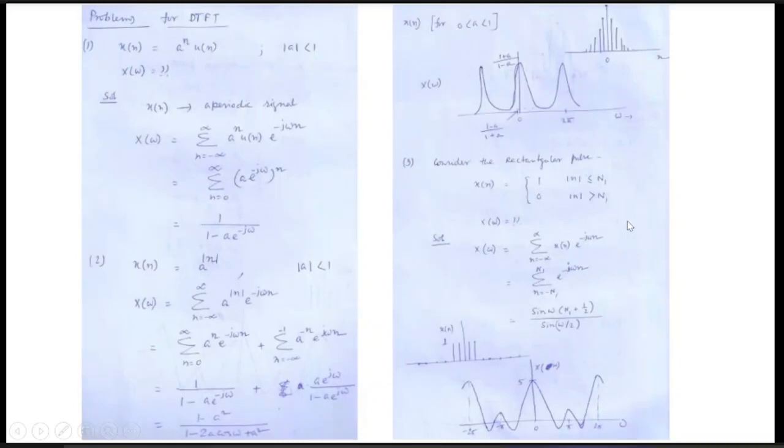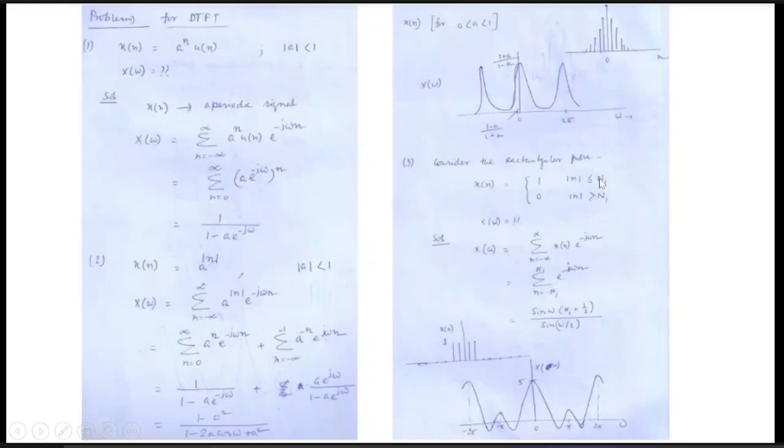So now another example. Many examples are written, and it is very important. Always the rectangular pulse comes in every example. If x[n] is a rectangular pulse, it is a finite length sequence.